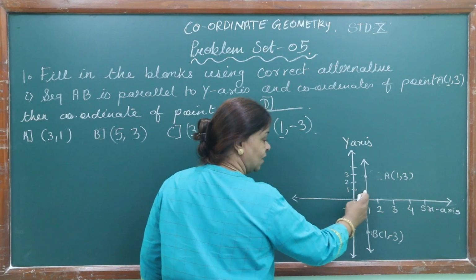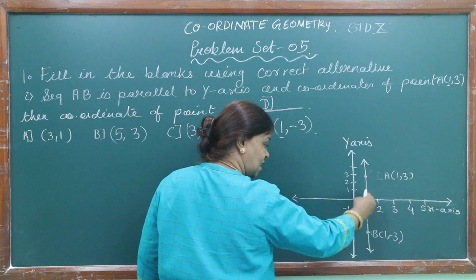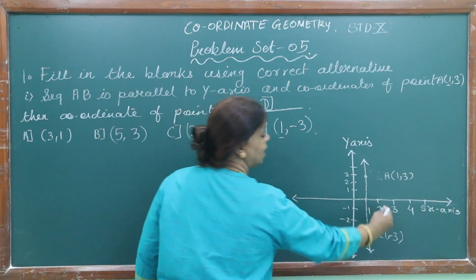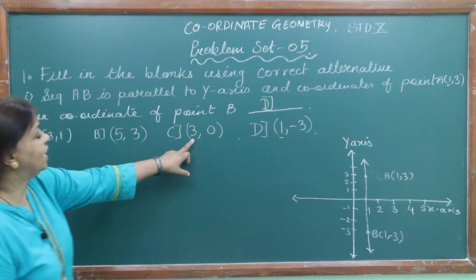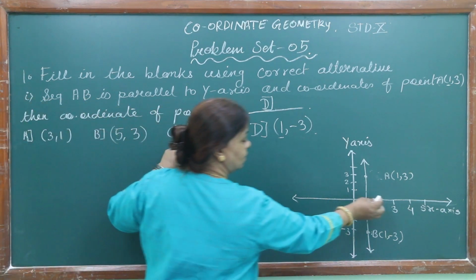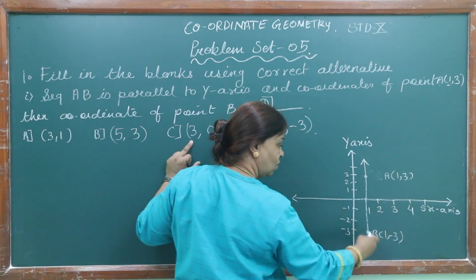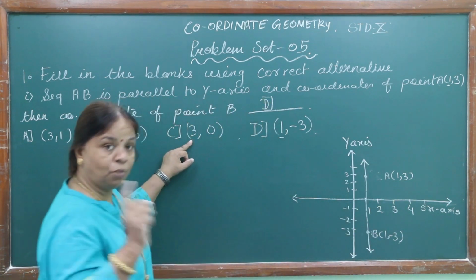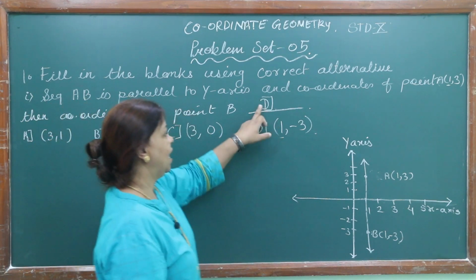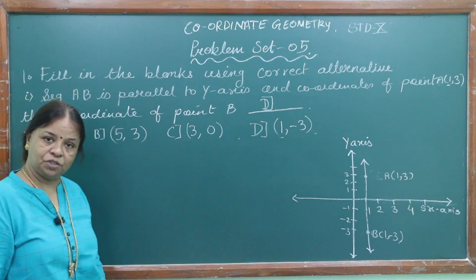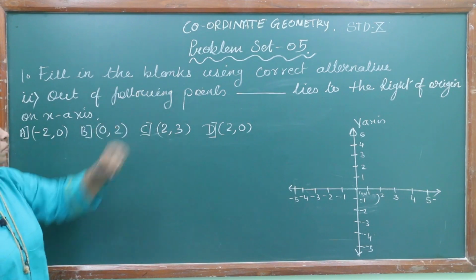Here, (1, 1). Here, (1, 2). But it can never be other than 1. If I take (3, 0), the point will be here, which is not lying on line AB. So for the point to lie on line AB, the x coordinate should be 1, and therefore option D is the correct option.